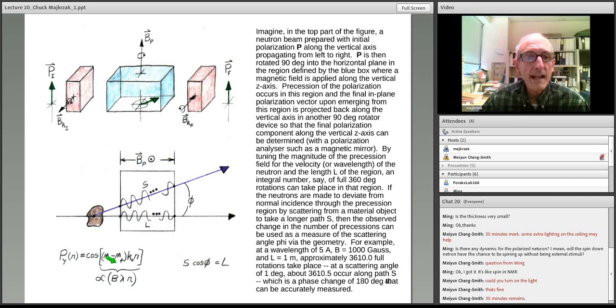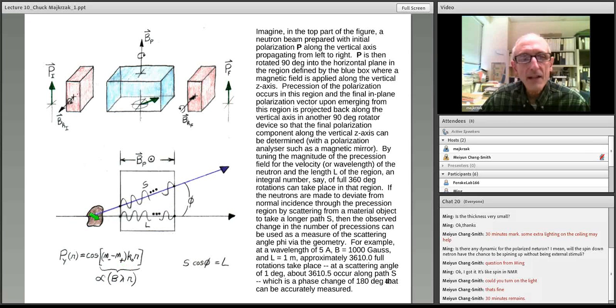So again, this polarization in this y direction is given by the cosine of this difference in the refractive indices for spin up and spin down, which turns out to be proportional to the magnetic field. And it's a product of that, its wavelength, and the distance coming across.